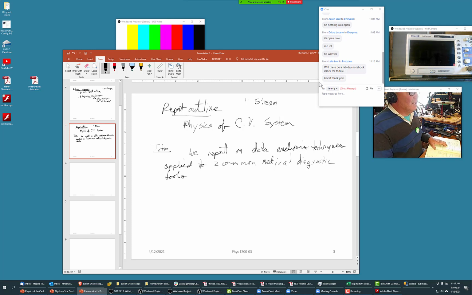Two common diagnostic tools, blood pressure and electrocardiograms.